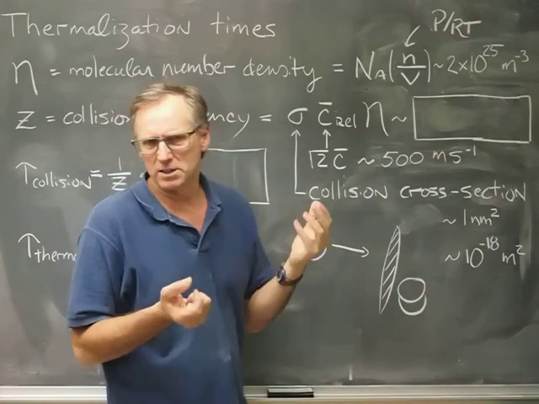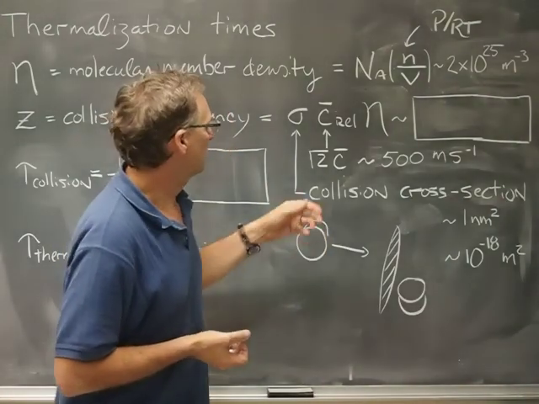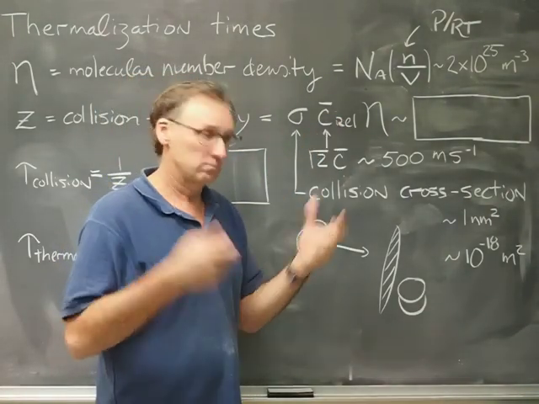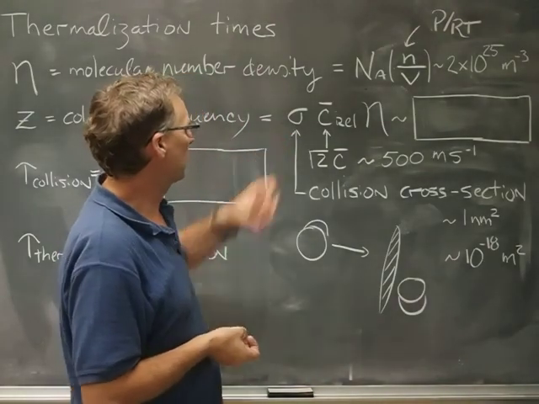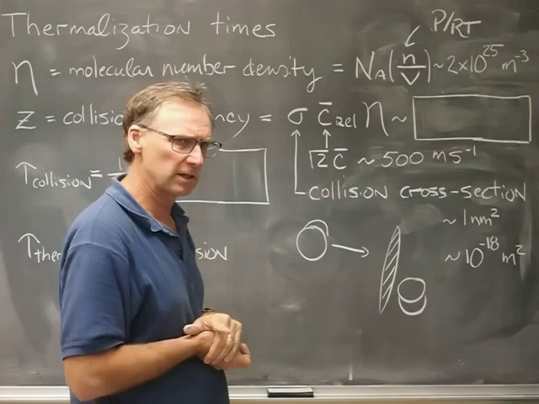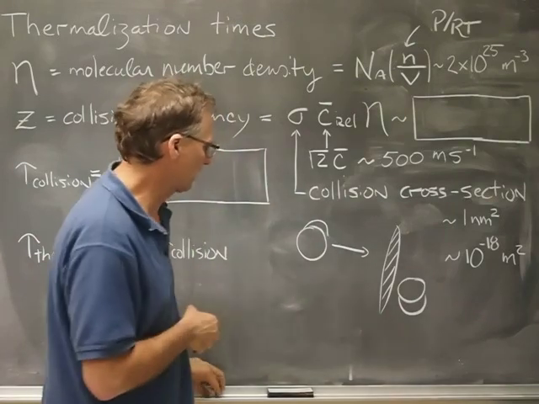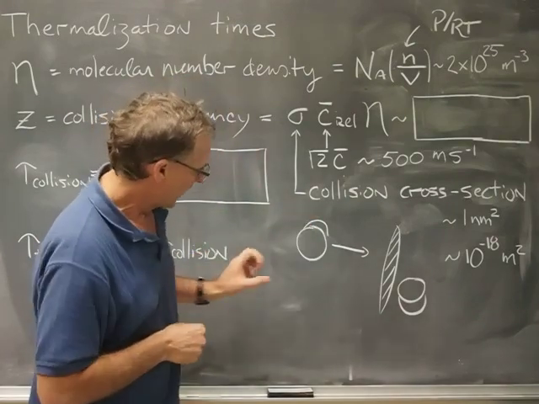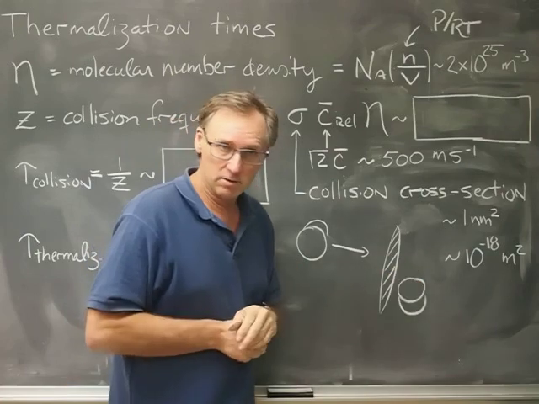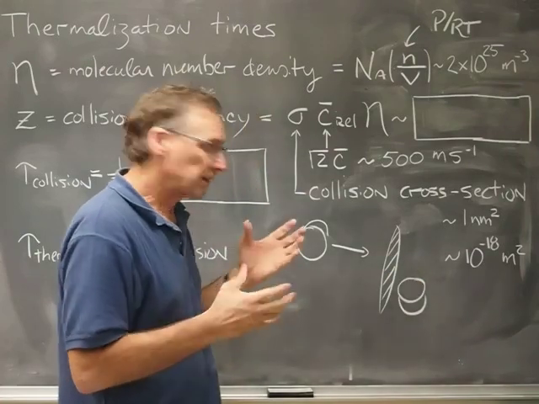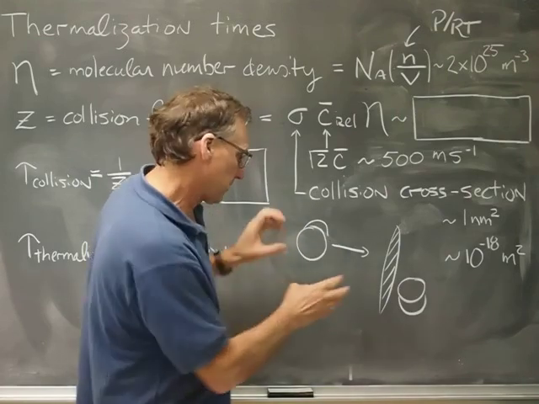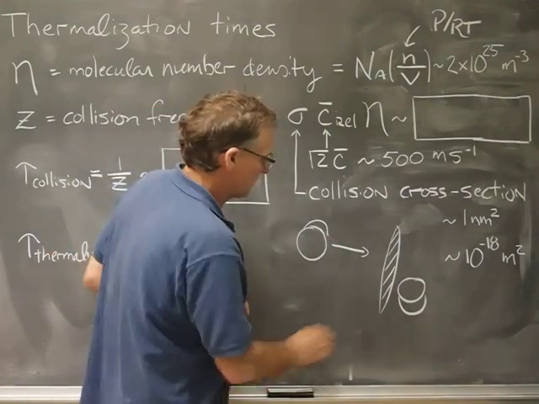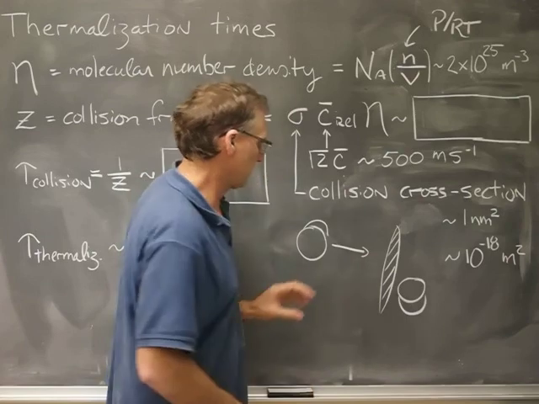I hope that this is a little bit intuitive. It says that the faster the molecules are moving, that's going to increase the collision frequency. This sigma here, the collision cross-section, goes something like this. I've got a molecule, let's say nitrogen, and I'm thinking that it's going to hit another molecule, and of course the likelihood that it hits that other molecule depends on how big it is. The way that gets put together is that we imagine this disk here.